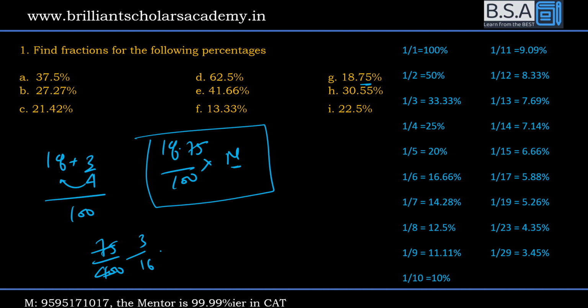You want 30.55%, there is no ratio for this. You can go on and create in this manner. 30 plus, observe, 5 by 9. When the same number repeats multiple times, look at this. I can use 5 by 9 upon... percentage.